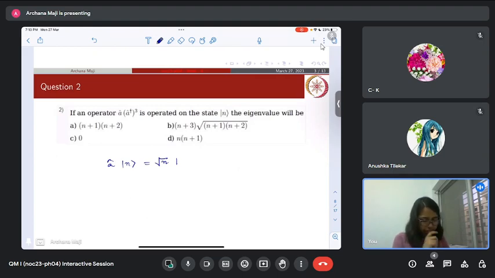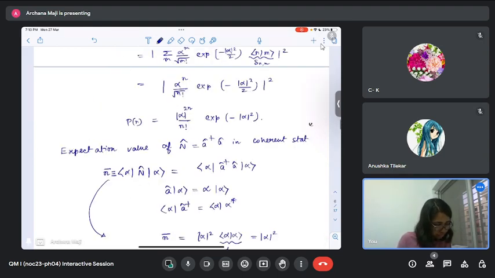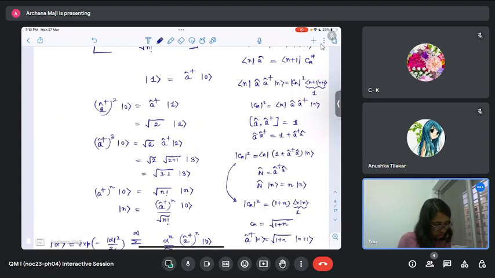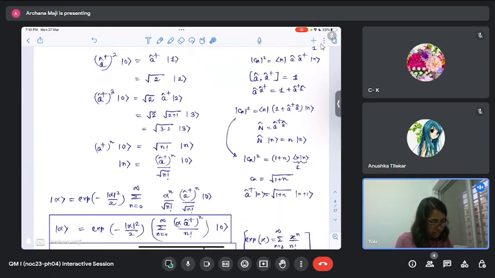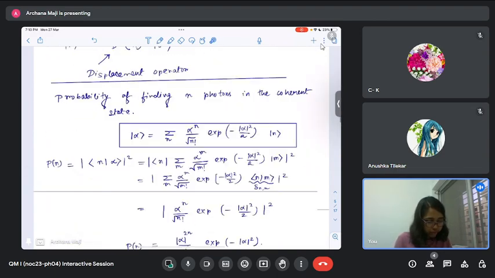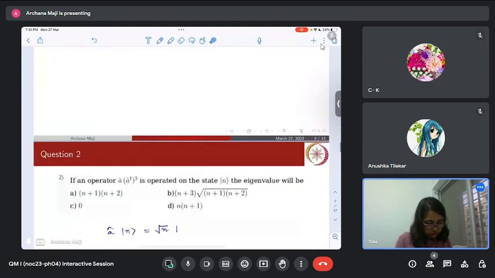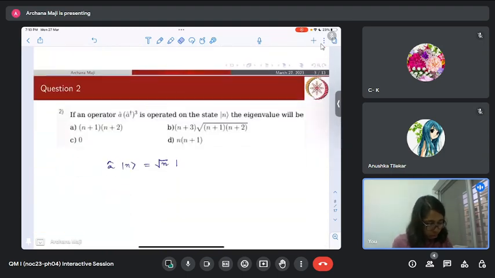I think A dagger we proved. Yeah, A dagger we proved actually. We started with this and then showed that Cn is square root n plus 1. But anyway, let me tell you how we get the coefficient for A also.